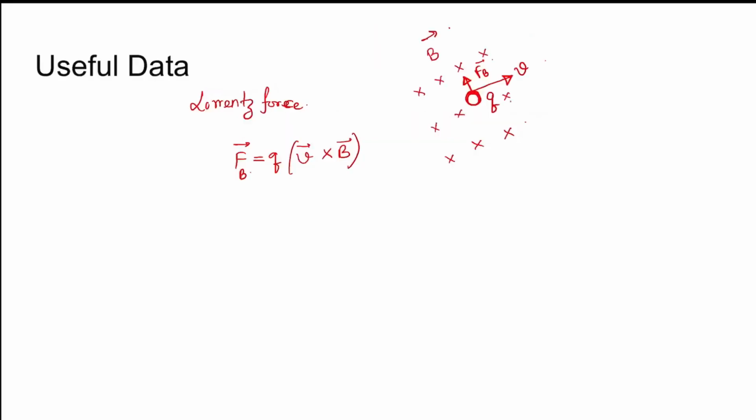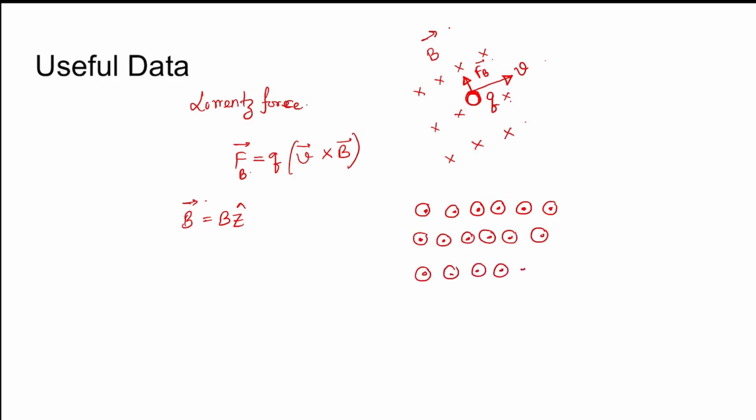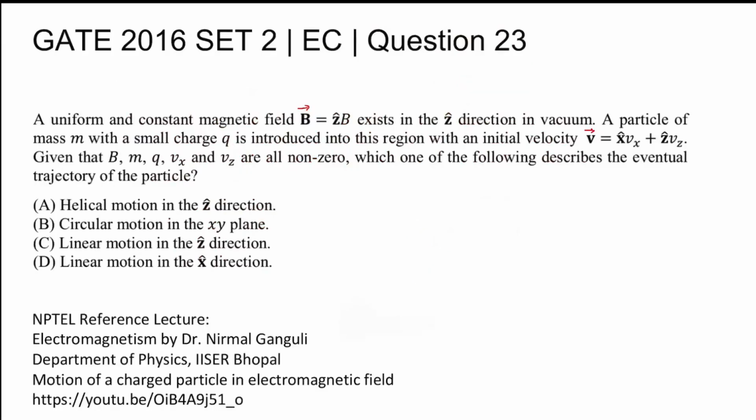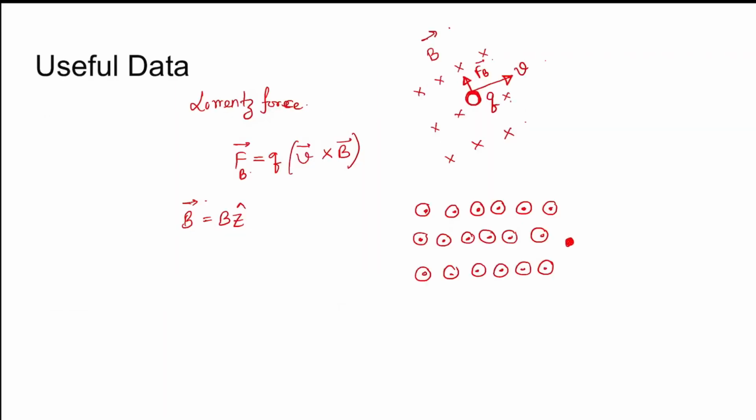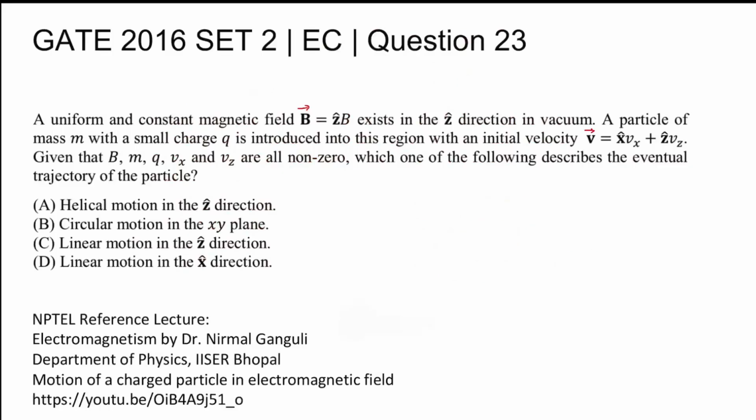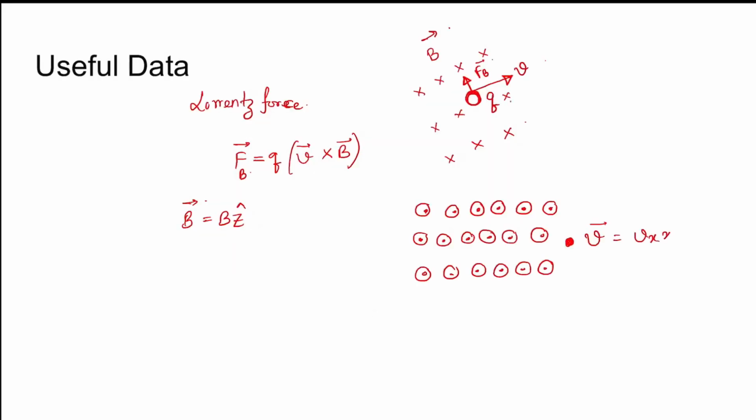Now, in the given question, B is in the z direction and its magnitude is B, in the positive z direction. So like this, this is out of the board, so it is in the positive z direction. The particle under consideration is left in this magnetic field with velocity Vx x hat plus Vz z hat.